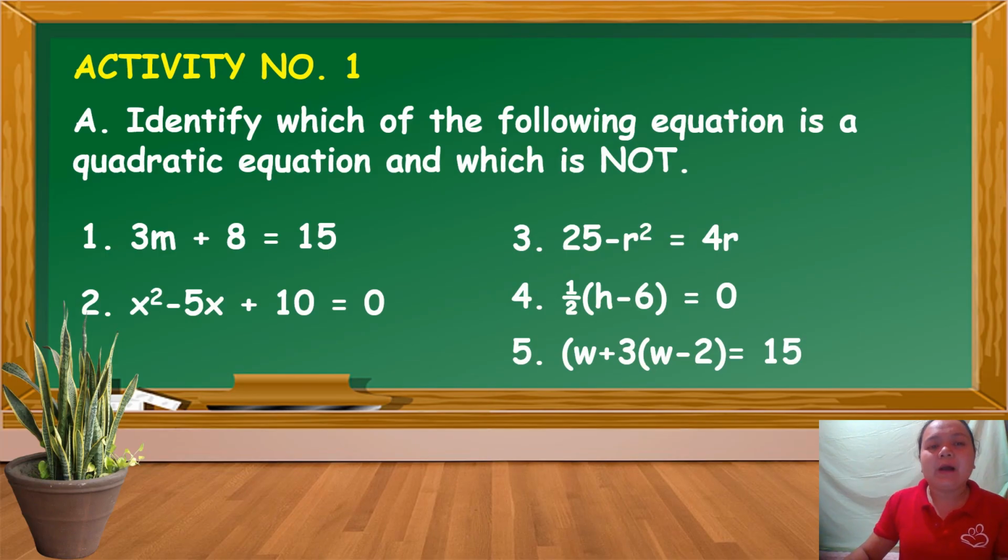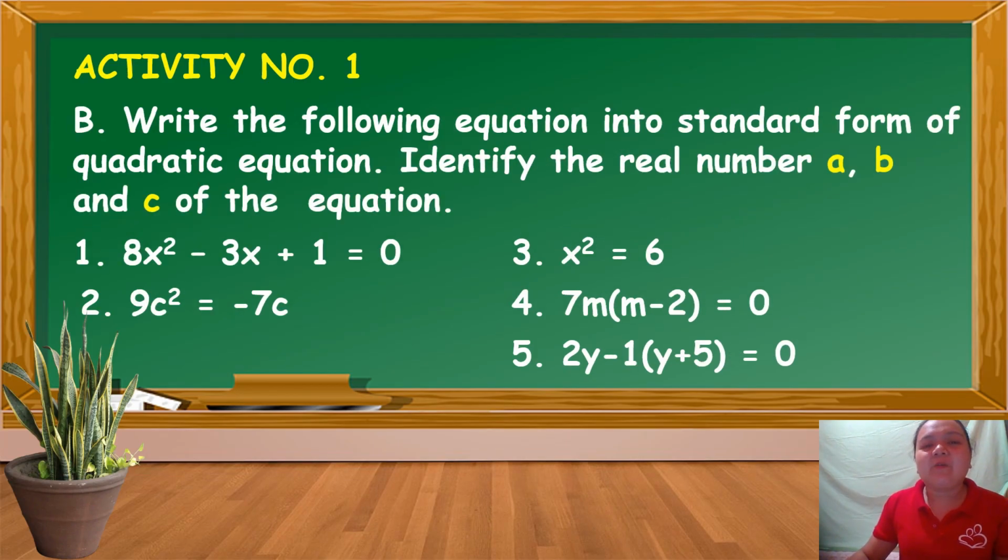So you are going to copy this activity here in this video. First, instruction, identify which of the following equation is quadratic equation and which is not. Second, write the following equation into a standard form and identify the real number a, b, and c of the equation. So I hope you will do your activity, and good luck, grade 9 students.